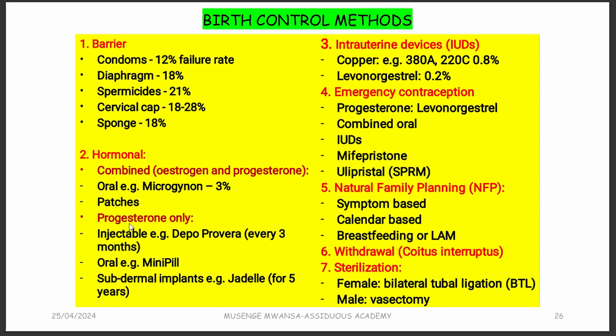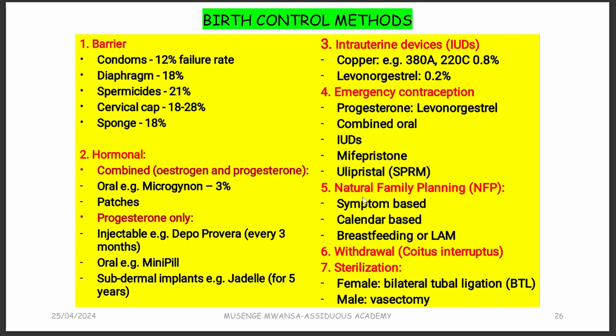You can also use progesterone only. This one can be injected, or it can be oral or subdermal, under the skin. You also have the intrauterine device, and emergency contraceptive pills like the morning after pills, which are made up of progesterone.